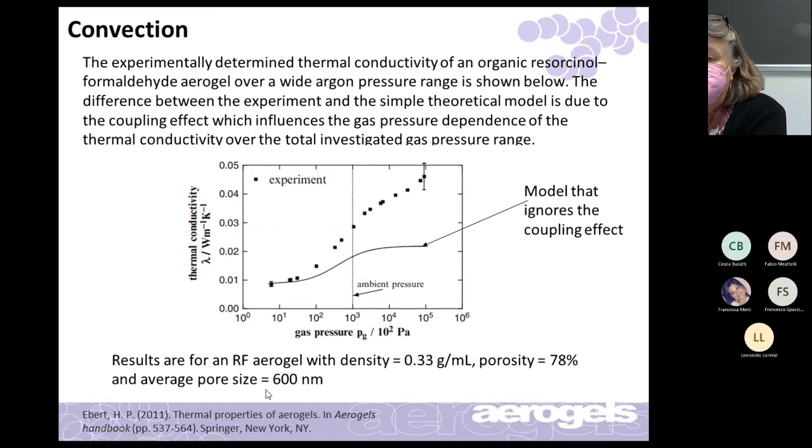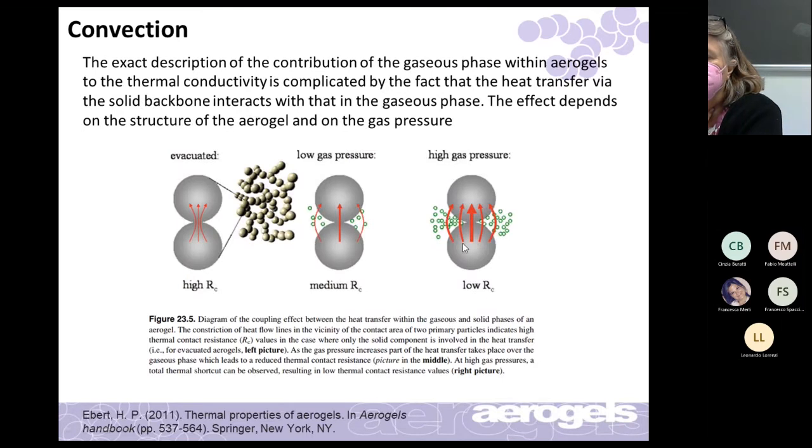But what they did is they made some measurements of the thermal conductivity over a range of pressures, and this was done in argon. And so you can see higher, so this is ambient. As you increase pressure, the thermal conductivity goes up, which is agreeing with this type of idea, that you just have more gas molecules interacting.